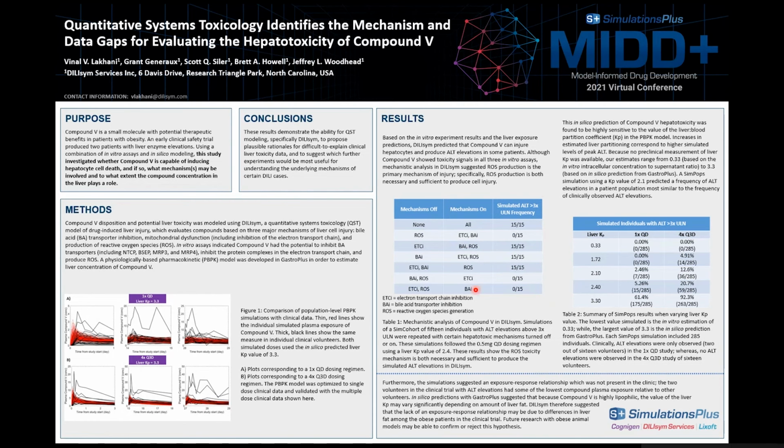The bottom three here show two mechanisms turned off and only one mechanism evaluated at a time. So here's where we get that second piece of information I jumped ahead with a second ago. When you have the ROS mechanism turned on by itself, so no other mechanism is turned on, you still get all 15 individuals with ALT elevations. And if ETC inhibition or bile acid are the only ones turned on, then there's no response.